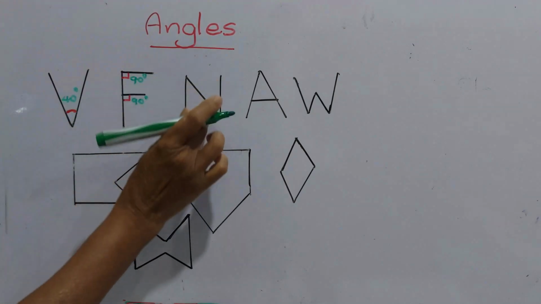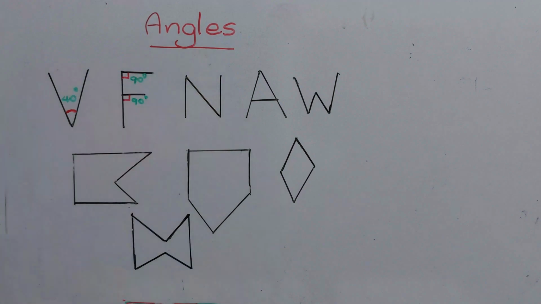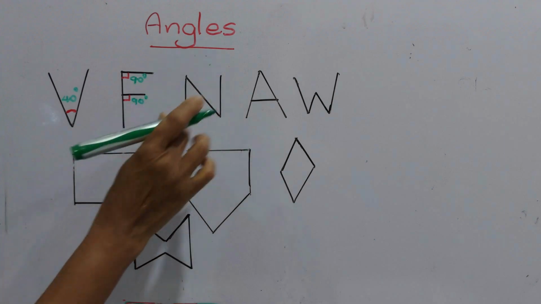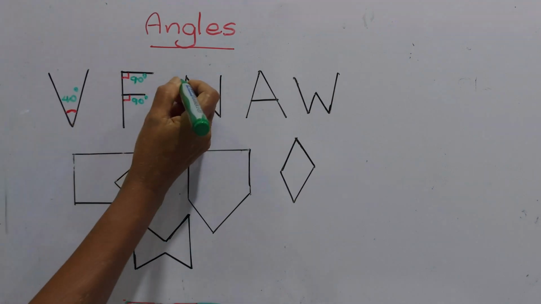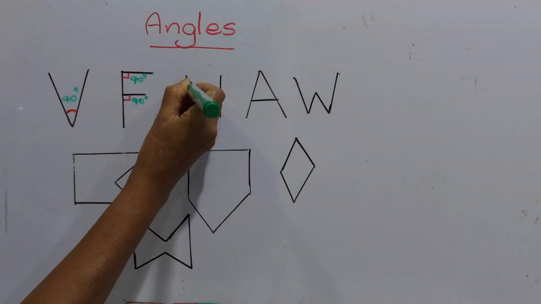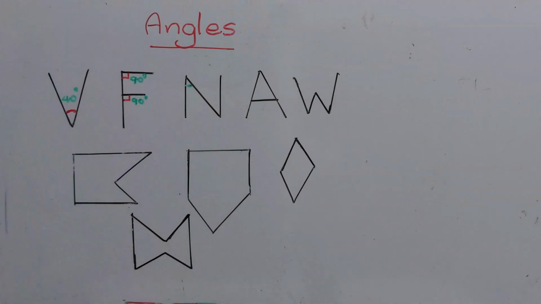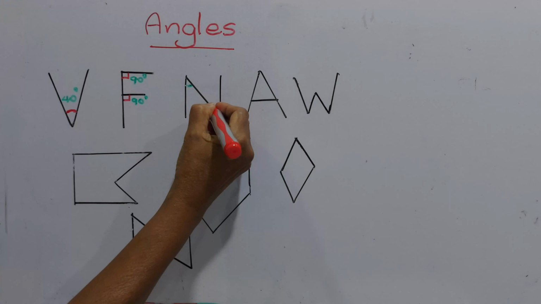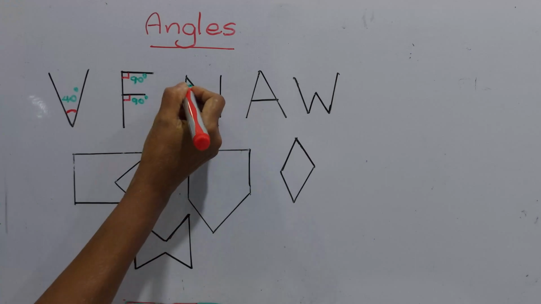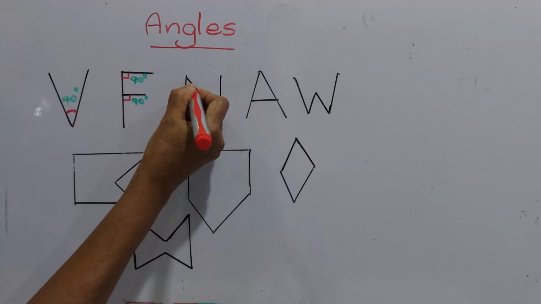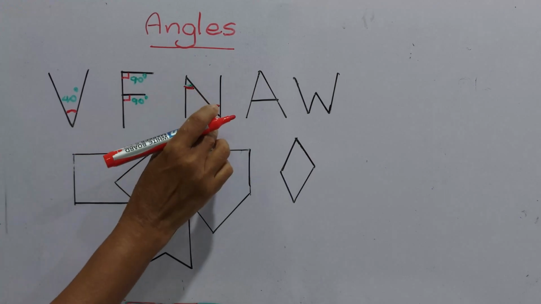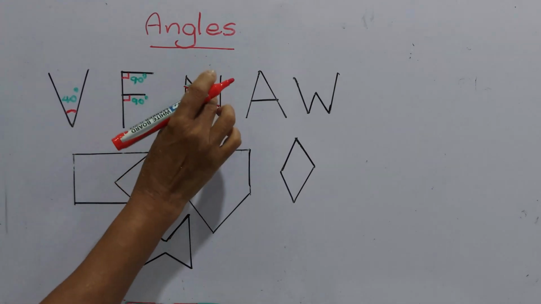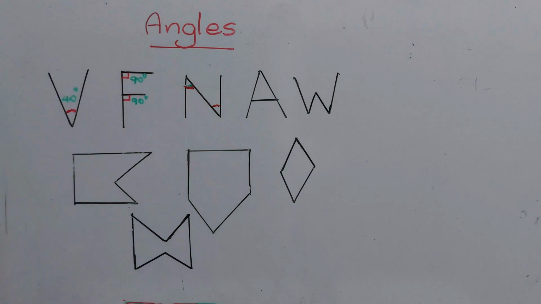Now we'll move to this letter, letter N. What can you tell about the angles in letter N? This and this. This is an acute angle and this is also an acute angle. We can measure. Before I measure, can you estimate what will be the measurement here?